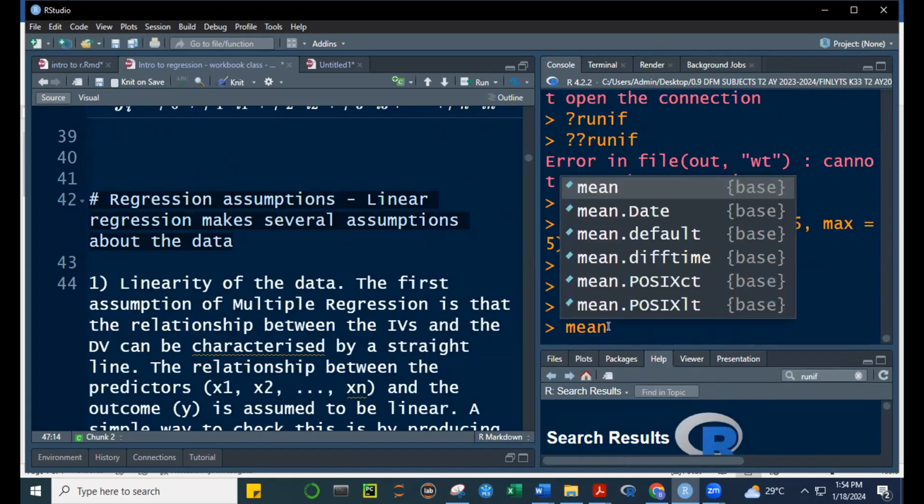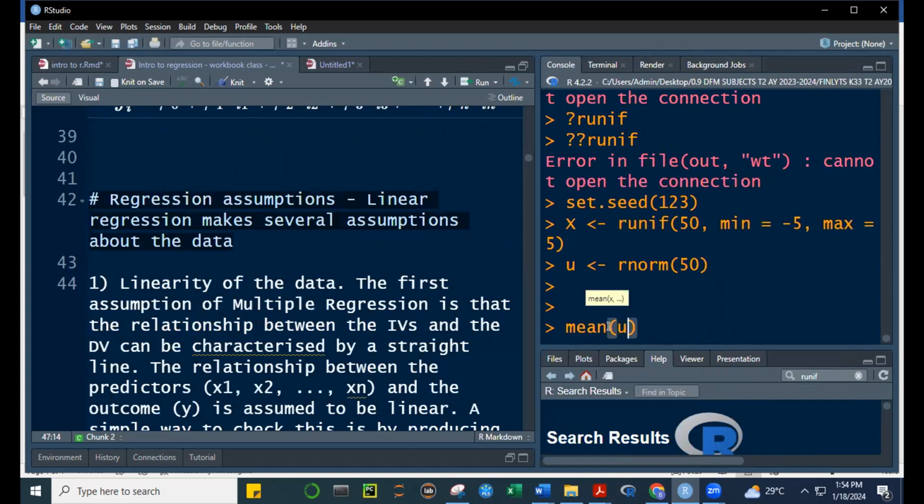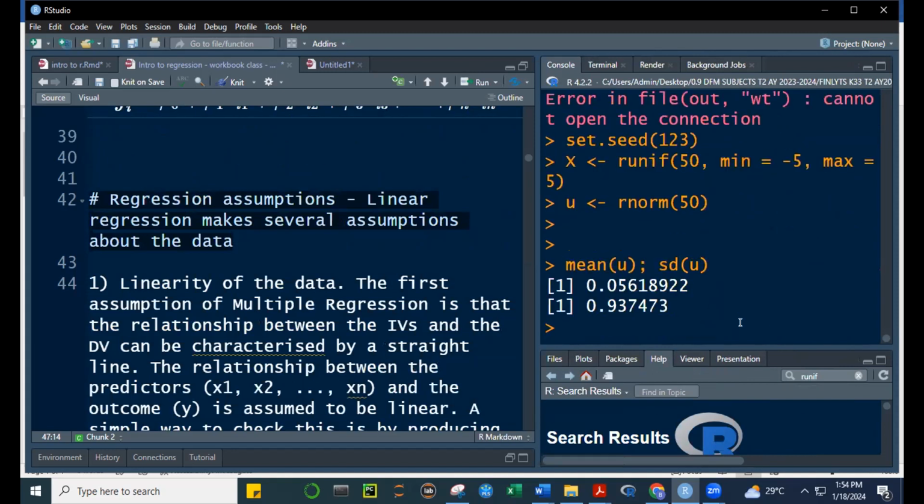Okay, so just to test, class, I'm going to get the mean of U and the standard deviation of U. Let's check if the mean is 0 and the standard deviation is 1. All right, mean is 0.05. It's not very close to 0, right?